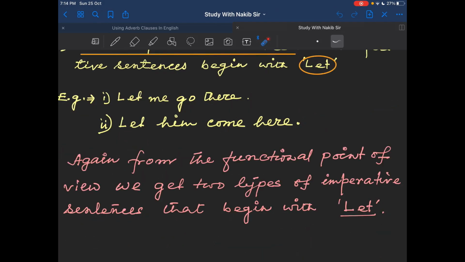Again, from the functional point of view, we get two types of imperative sentences that begin with let. These let imperative sentences are therefore divided into two subclasses, class 1 and class 2.